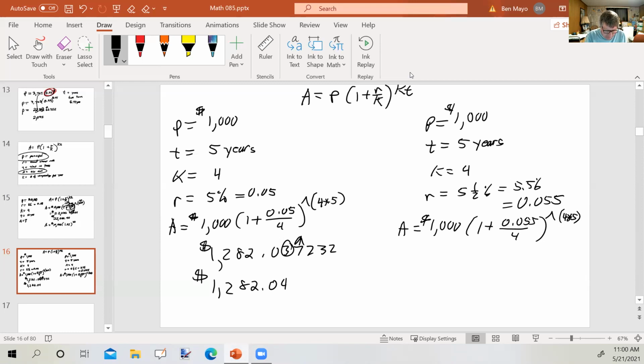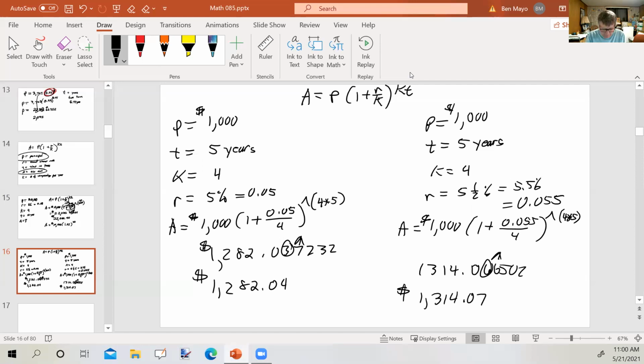Okay, 1,000 times (1 plus 0.055 divided by 4), close it up, raised to the power (4 times 5), and I get 1314.066502. So that's going to round up there, and we're going to get $1,314.07.